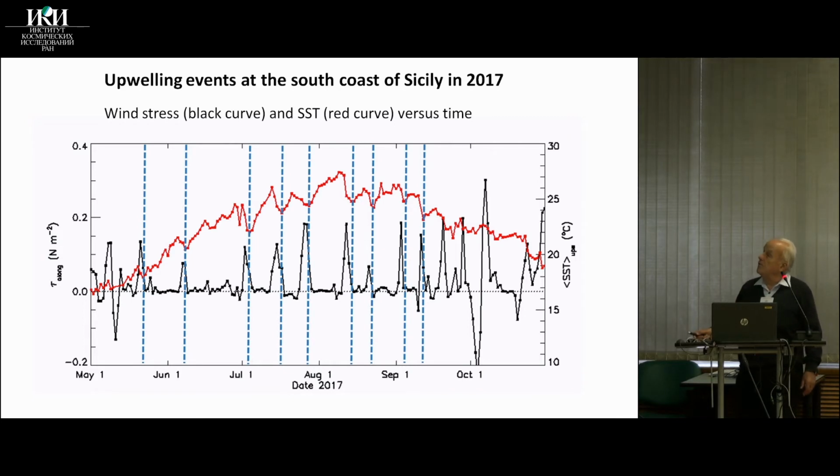Plotted here in the black curve is the SST averaged over a region at the southeast coast of Sicily, and you can see that you get wind bursts here, 9 in this year only, so 9 times you had these upwelling events, and then you measure the SST.